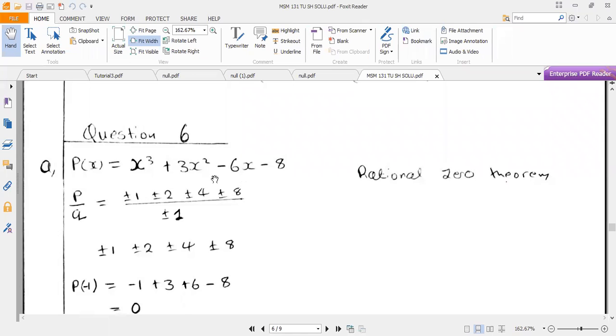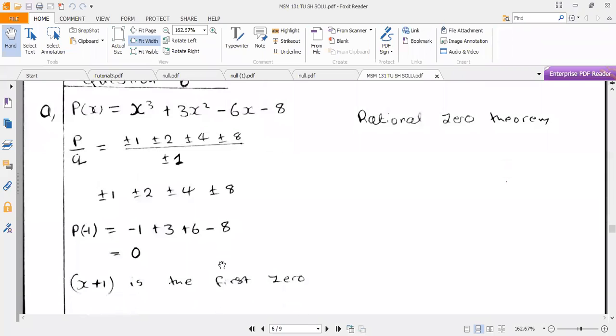The factors of 8 are 1, 2, 4, 8, but you put them as plus minus. The factor of 1 is just 1 itself. So if you divide each of these terms by 1, you simply have the same terms: plus minus 1, plus minus 2, plus minus 4, plus minus 8.